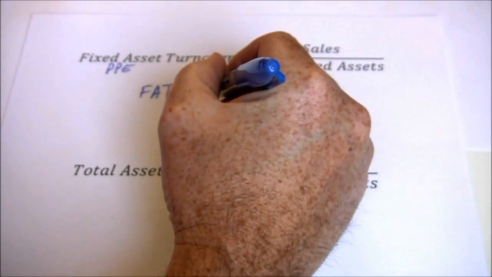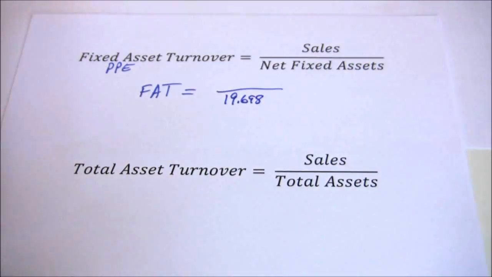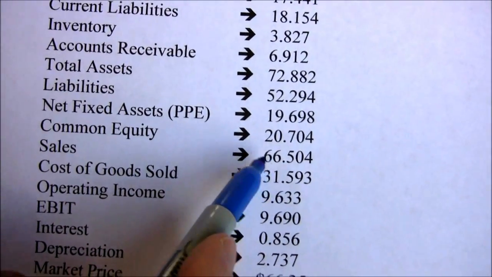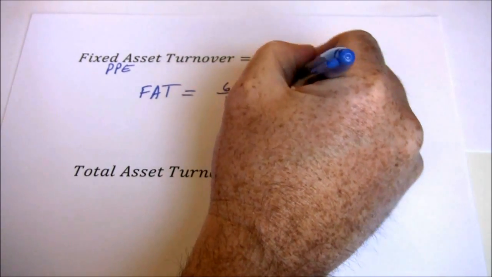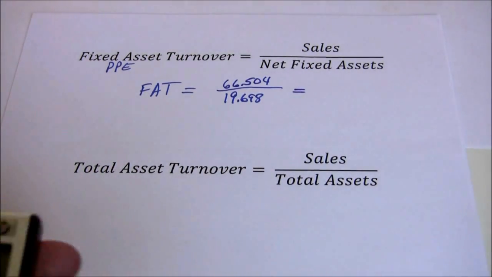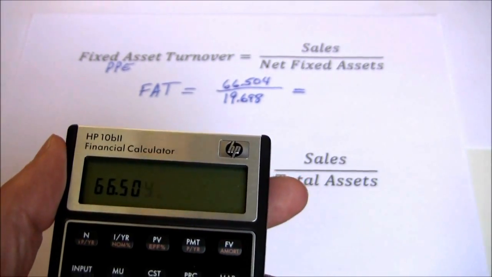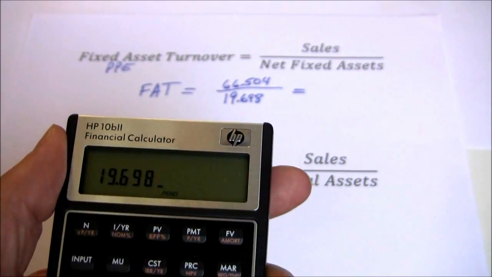19.698 billion. And we also need our sales, our revenues at 66.504 billion. Go ahead and do the calculation. 66.504 divided by 19.698.